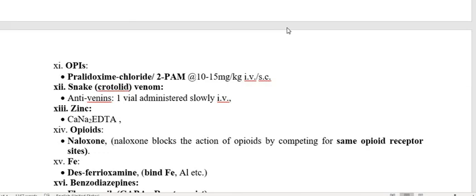Next we have to go through the toxicant like organophosphorus insecticide. We have earlier mentioned that organophosphorus insecticide is an anticholinesterase. What it means?